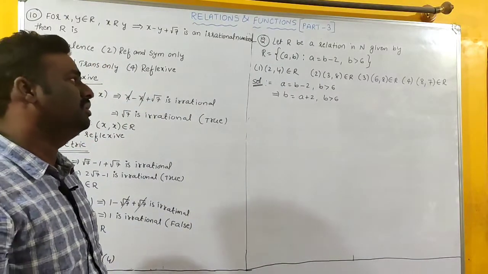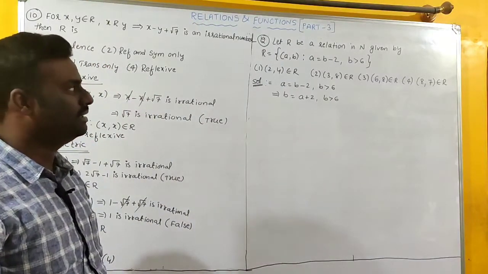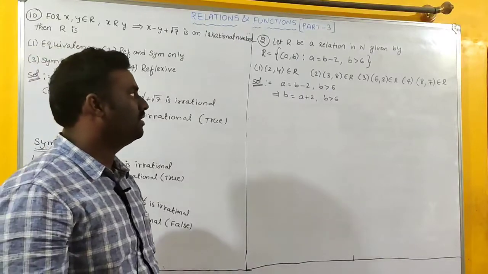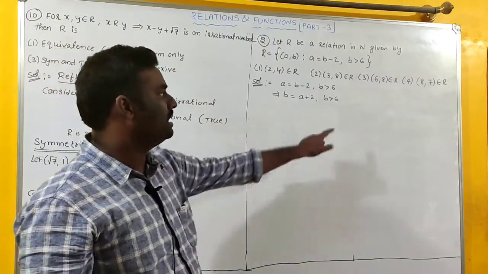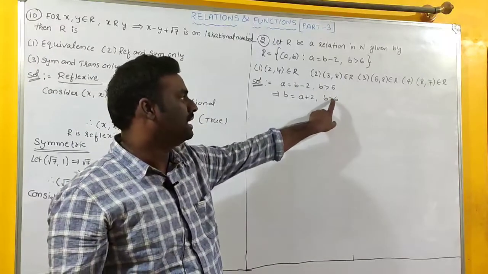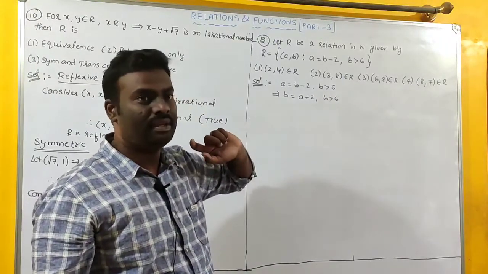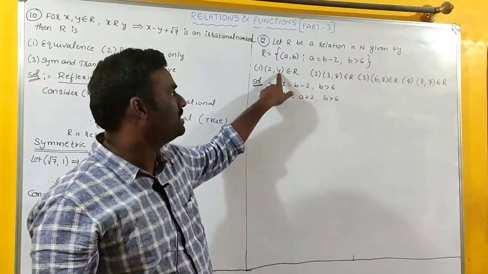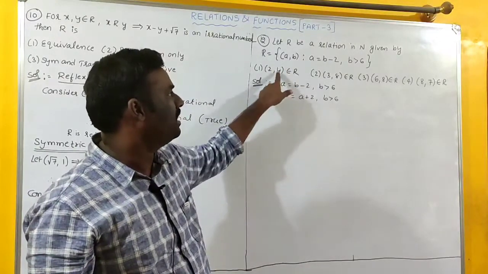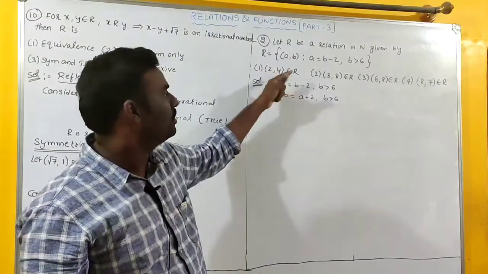In these 4 options, which option is correct? See here, clearly they mention B is greater than 6. B greater than 6 means the second value is more than 6, but here you observe the second value is 4. So it is not the first option.